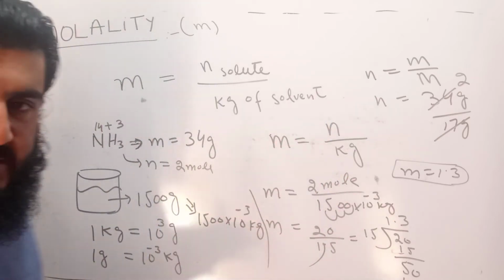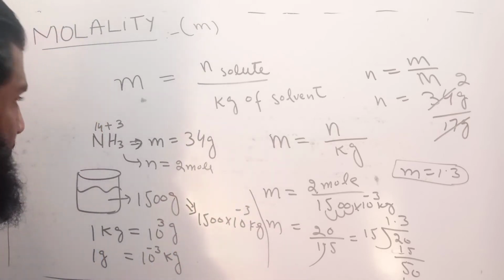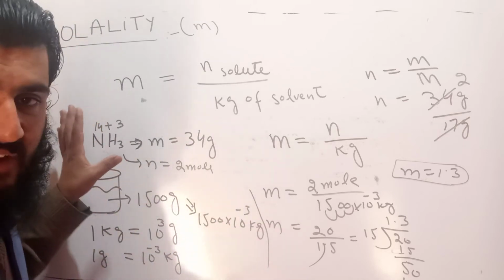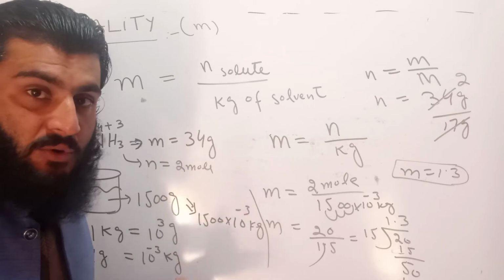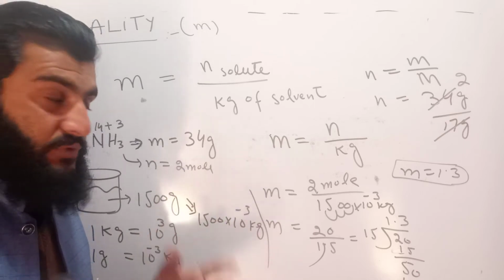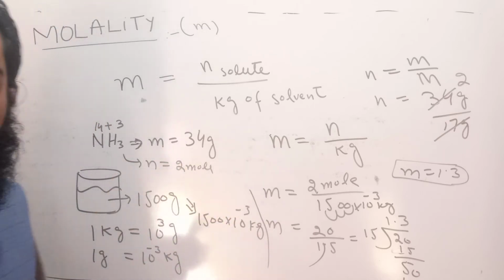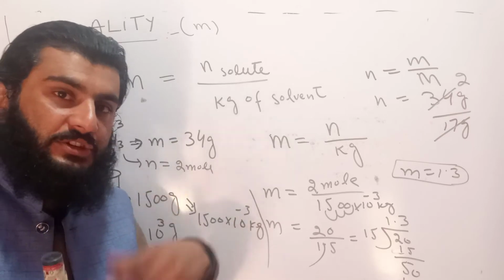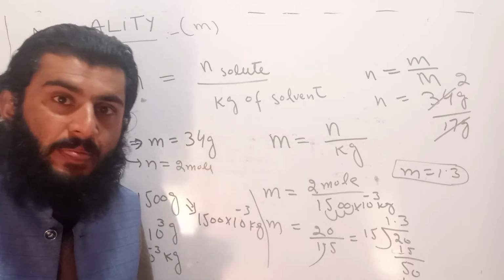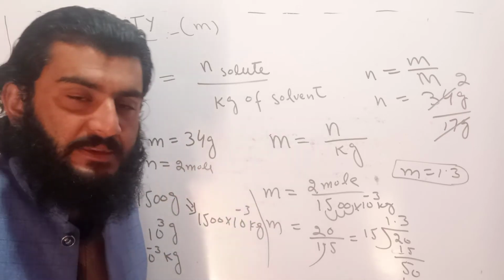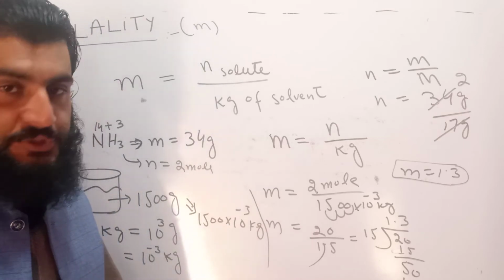When we see the data, there is no moles of NH3, but the amount of NH3 is given in gram. So first of all, we convert the mass of NH3 into moles. Do you know by what mechanism we can convert NH3 into moles?